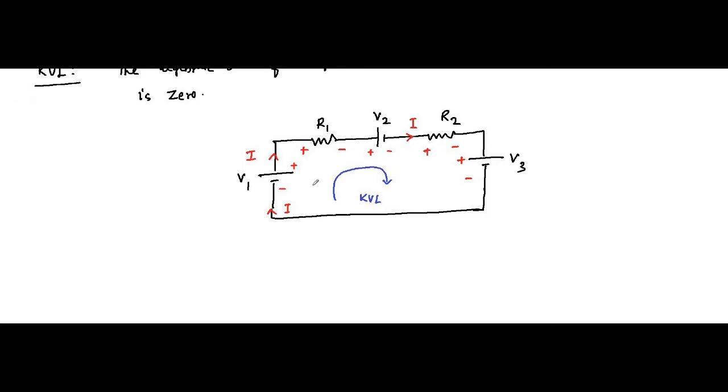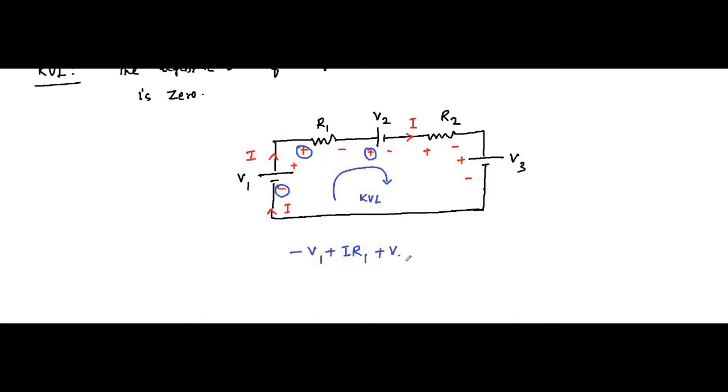So one way of applying KVL here is we start from V1. When we came across V1, the first sign we came across is minus. So that will be minus V1. Then while coming across R1, the voltage drop, the first sign is plus. So that will be plus IR1. Then while coming across V2, the first sign is plus, so that will be plus V2.